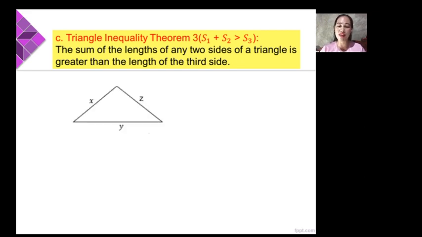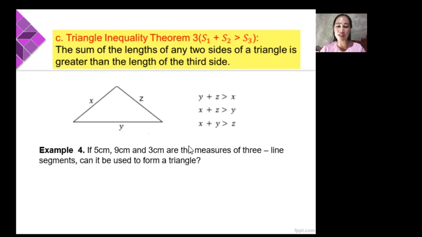So we have a triangle with sides X, Y, and Z. It says that if we add the lengths of two sides, it should be greater than the measurement of the third side. Okay, I repeat. If we add the measurements of two sides of the triangle, it should be greater than the measurement of the third side.